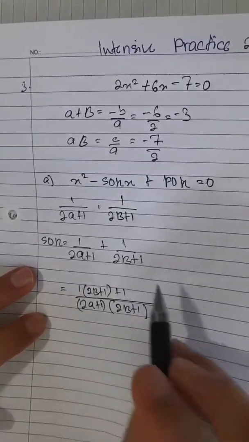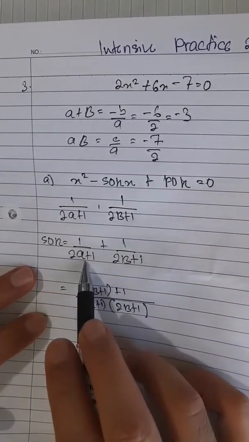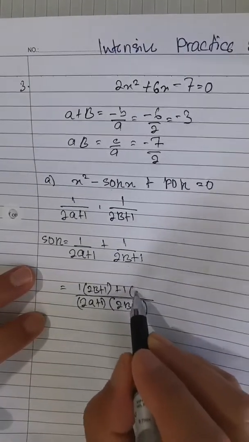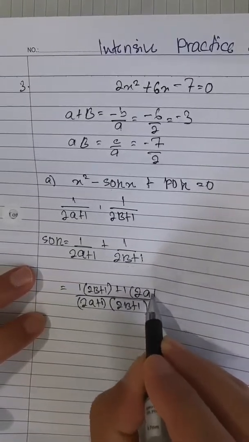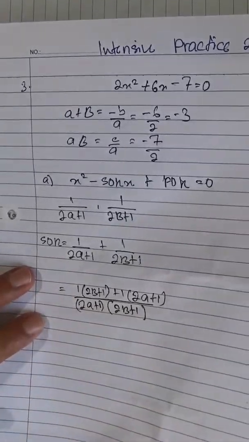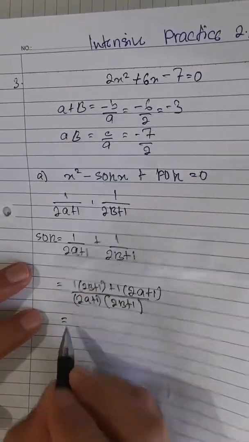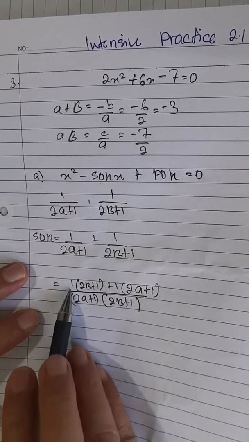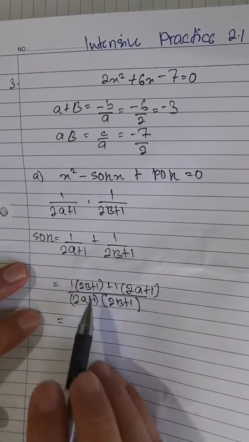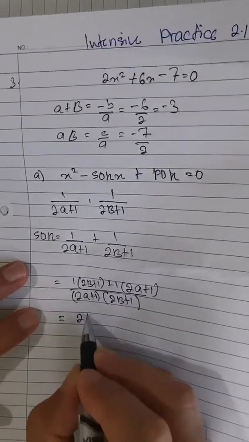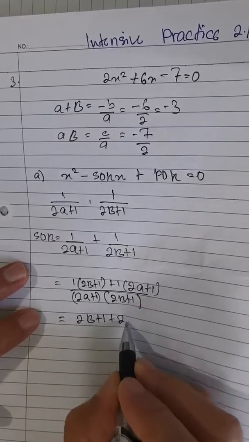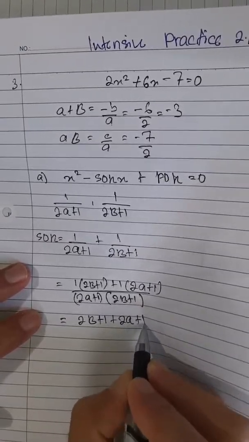Similarly, 2 beta plus 1 multiplied by 2 alpha plus 1, so 1 also multiplies by 2 alpha plus 1. And then we expand the bracket. 1 times 2 beta becomes 2 beta plus 1, plus 2 alpha plus 1.